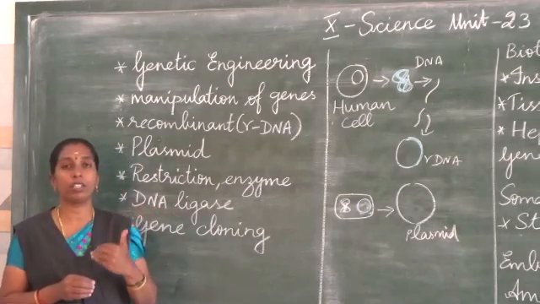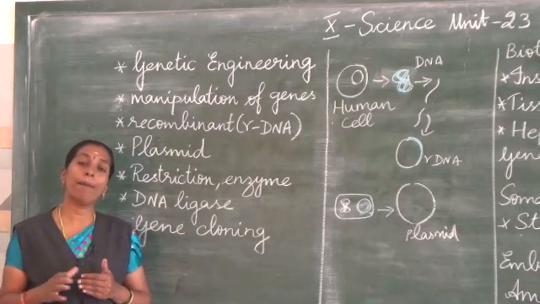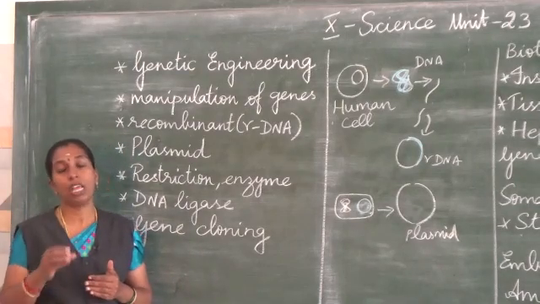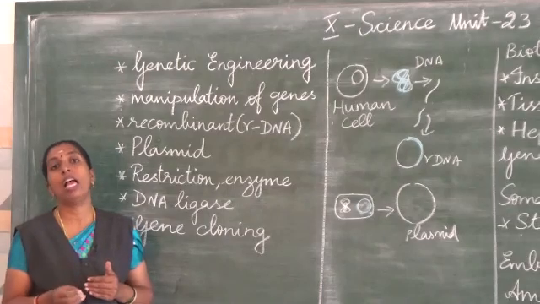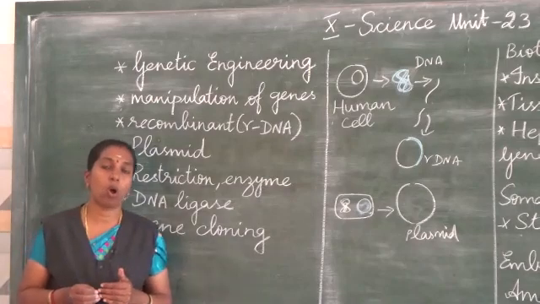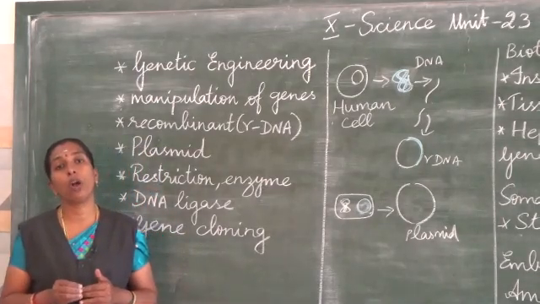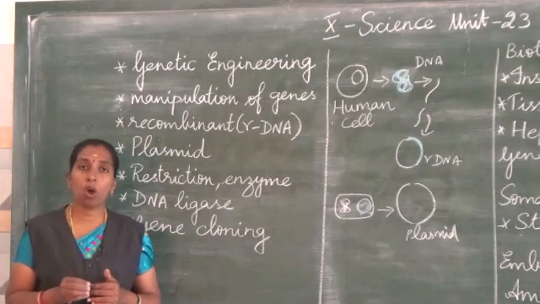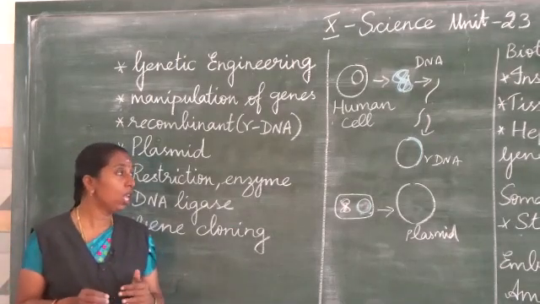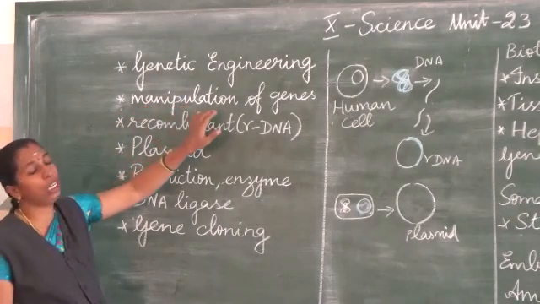When this chromatin reticulum is separated, a chromosome is formed, and inside the chromosomes the genes are located. The genes are made up of a chemical substance called DNA. What is the expansion of DNA? DNA is deoxyribonucleic acid.